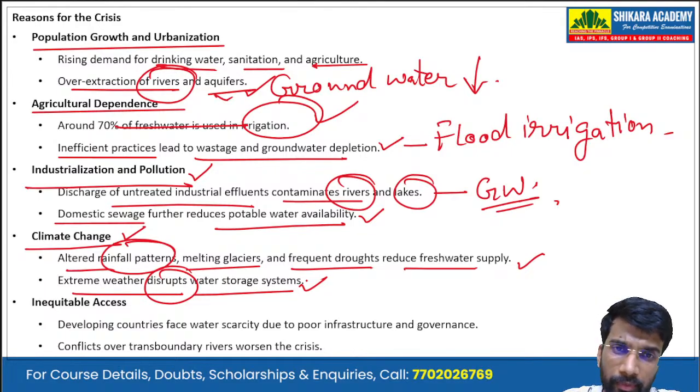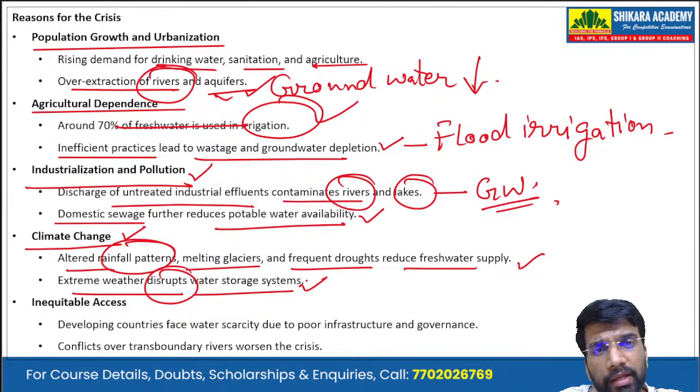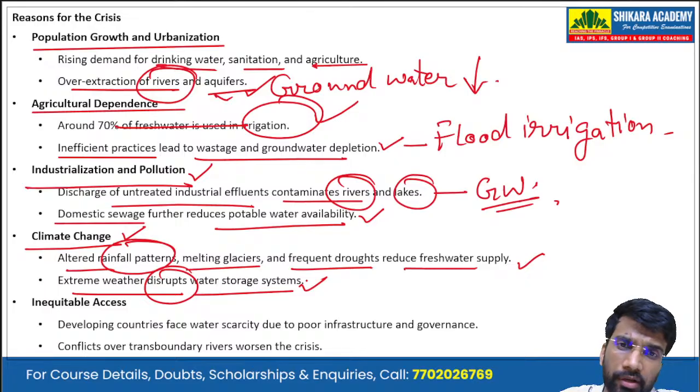And in order to prevent the collapse of such dams, their gates need to be opened, and that leads to flooding in the downstream region. But because of this erratic rainfall, at some times of the year, regions across the country also face severe drought-like conditions.